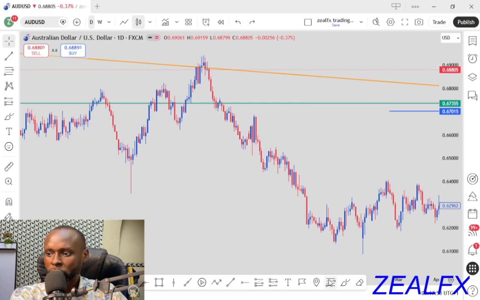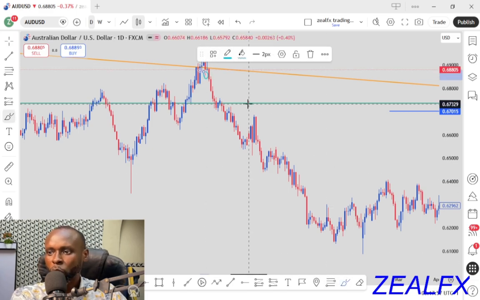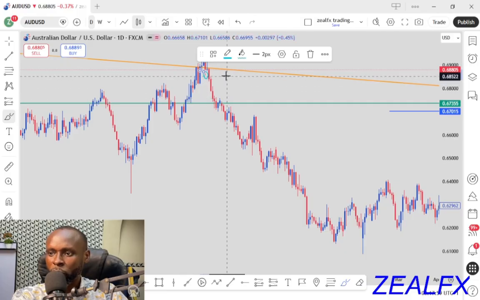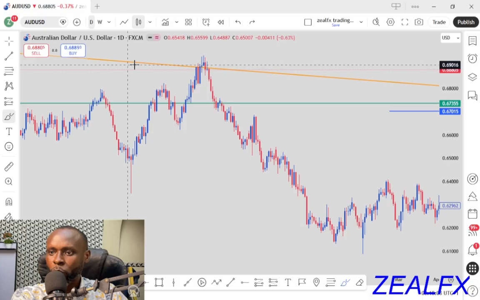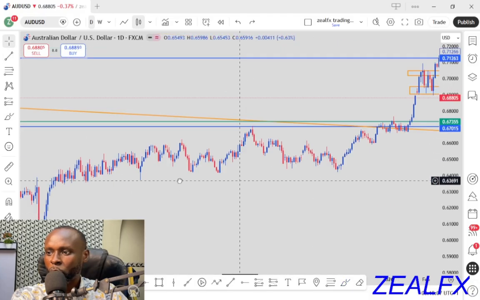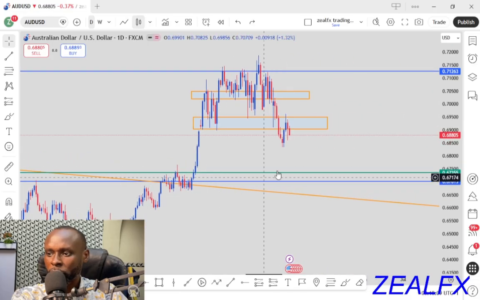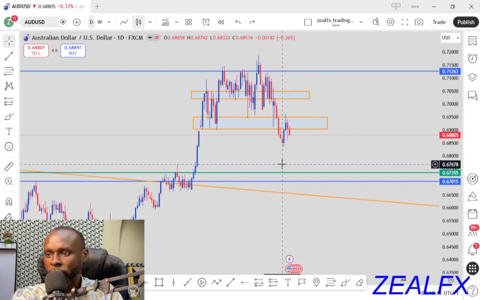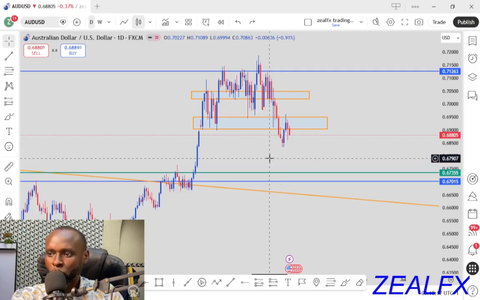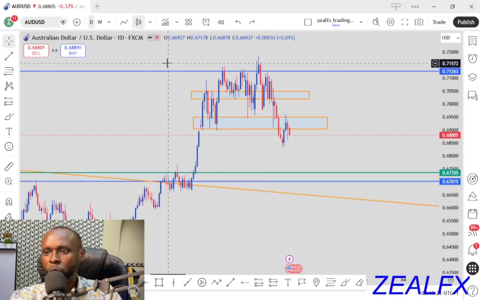As long as price closes on this support level on the daily chart, I'm not encouraging anybody to start looking for a selling opportunity on the Australia USD for now, because price is also on the support level. So let's confirm the trend of this Australia USD, if the weekly chart also supports this downtrend structure. So let's go to the weekly chart.